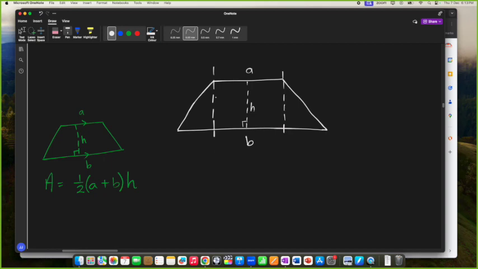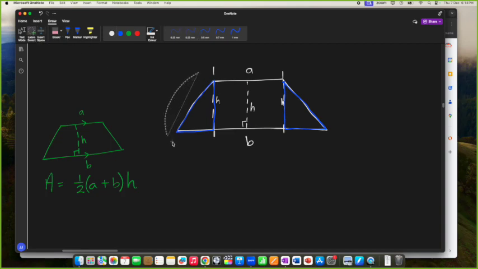Remember, this will be H and this will be H, right? So I will put these two together. So I'll literally cut out this triangle here, and I'll cut out this triangle here. So all I'll be left with is the rectangle in the middle.